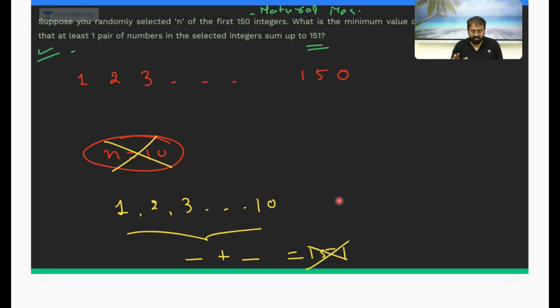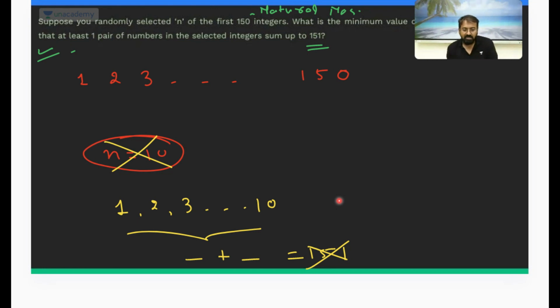To solve such questions, you really don't need any conceptual understanding. It's just about thinking. Whether you have just started your preparation or you have been preparing for the last 6 months, ultimately you will have to think about this question and solve it. There's no method as such.